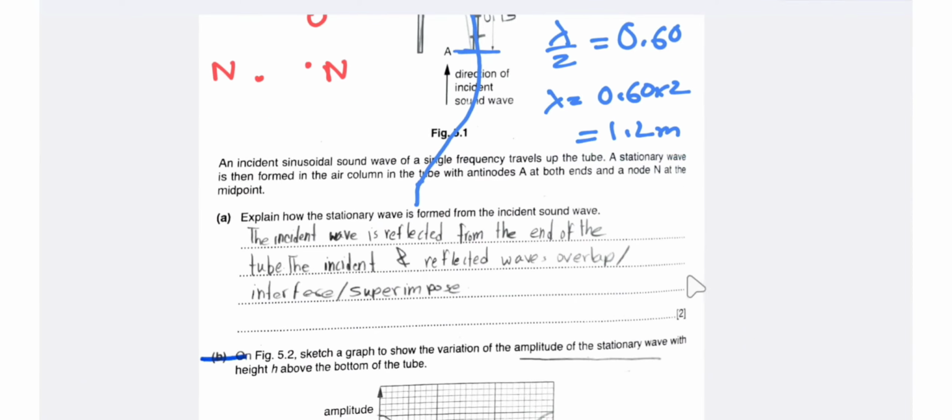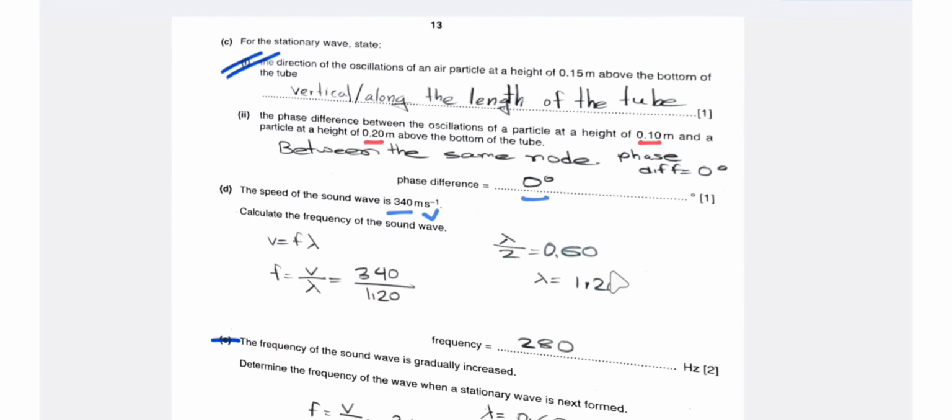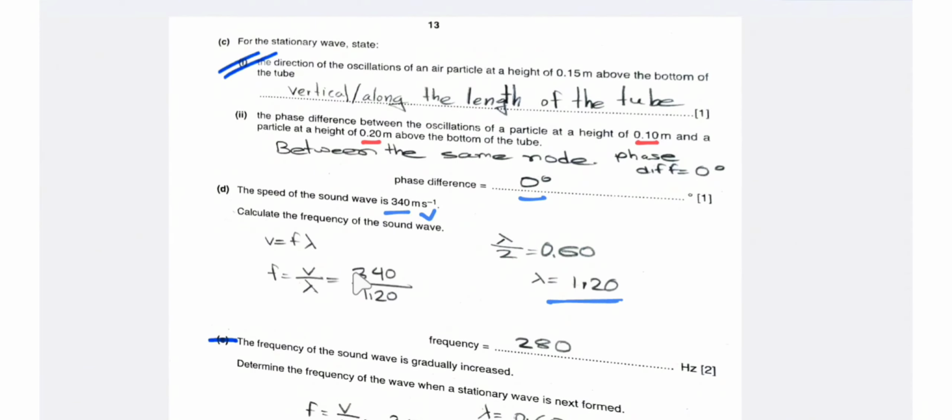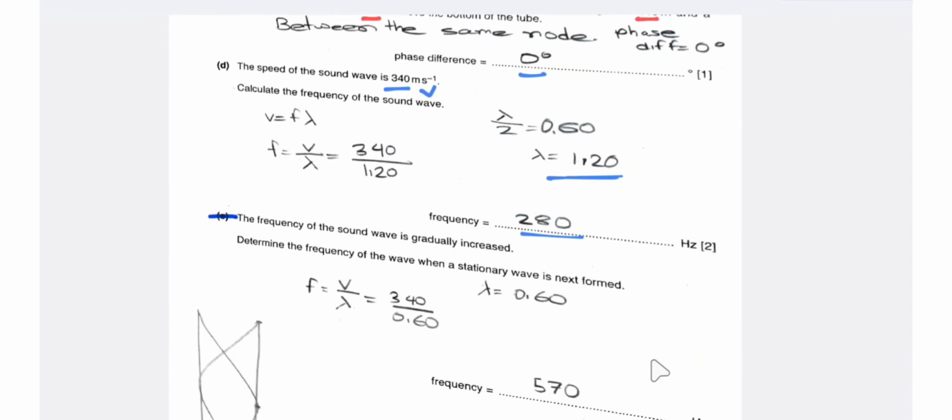If we draw this clearly, the total wave is formed like this, and the length covered is half the lambda. That is lambda by 2 is 0.60 meter, so lambda would be 0.60 into 2, that is 1.2 meter, and v by lambda is the frequency. So the frequency is 280 hertz.